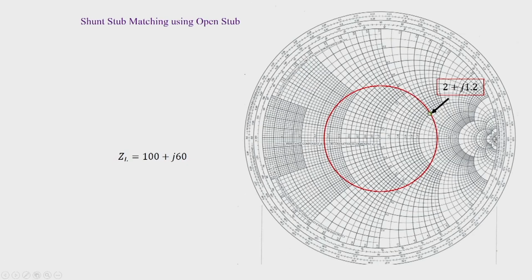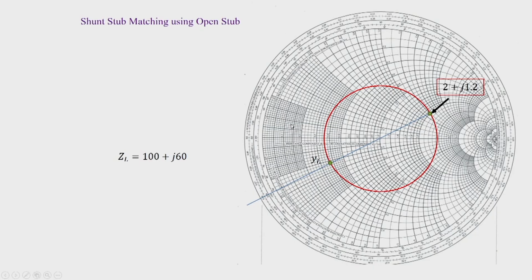Next, we draw the constant VSWR circle, pass this line through the center of the Smith chart, and then we find out YL, the normalized admittance.